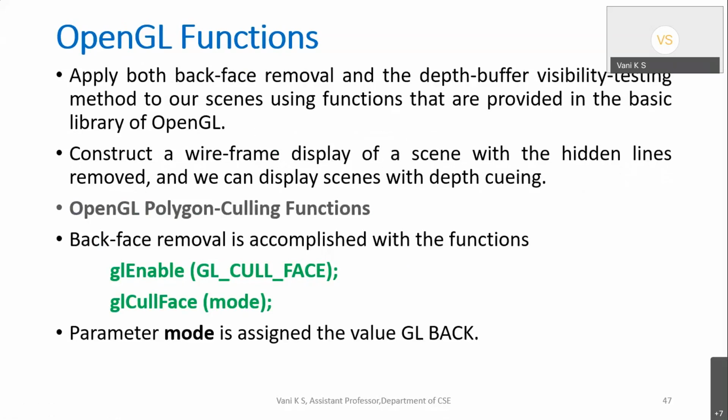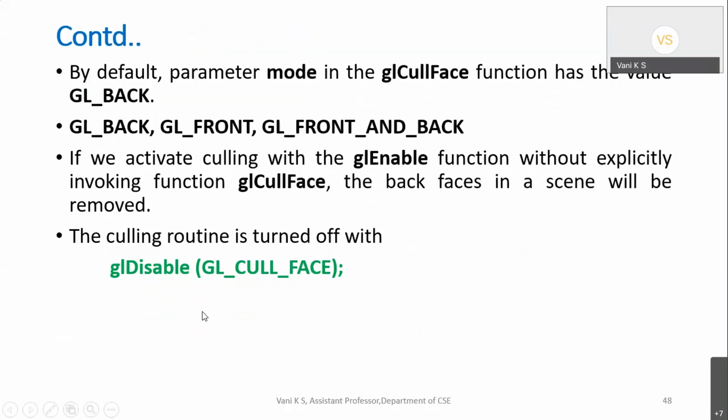You might be surprised what remains if you remove the front and back faces. This will be the condition when you want the wireframe model. A wireframe model is nothing but everything in terms of lines. So this is the function to enable back surface, hidden surface removal, and the mode: back, front, or both. And you can turn off that routine by using GL disable.